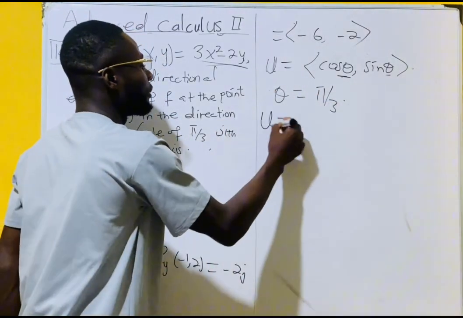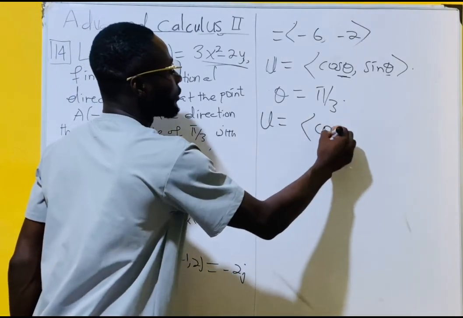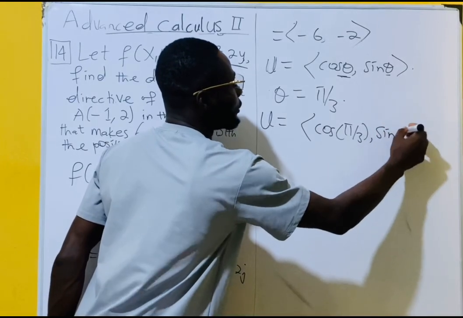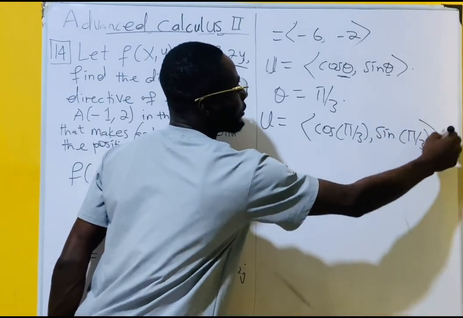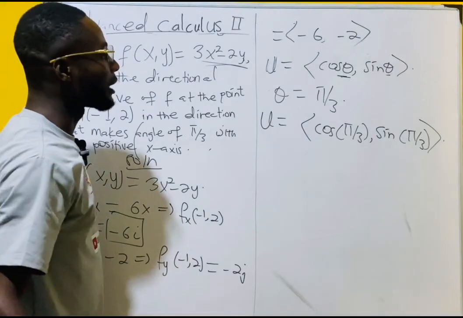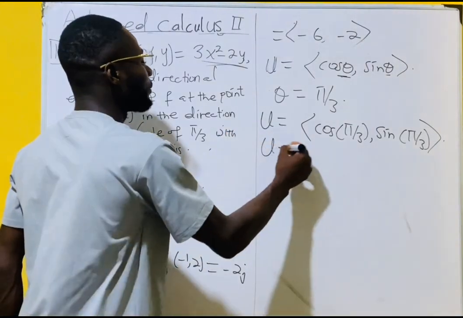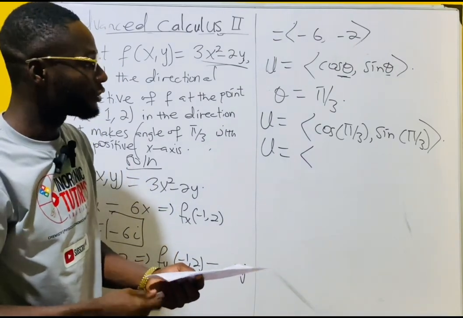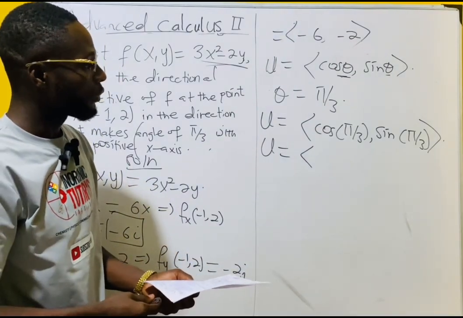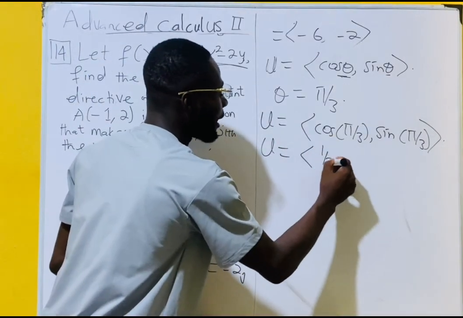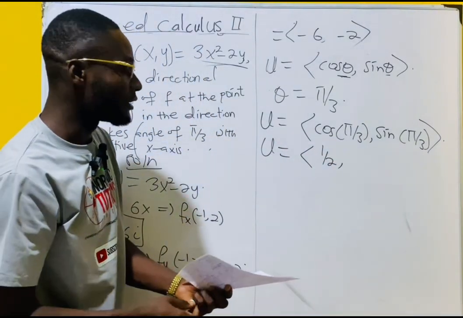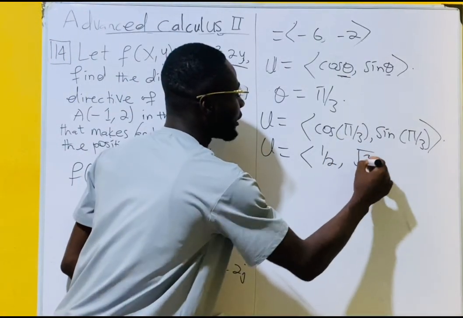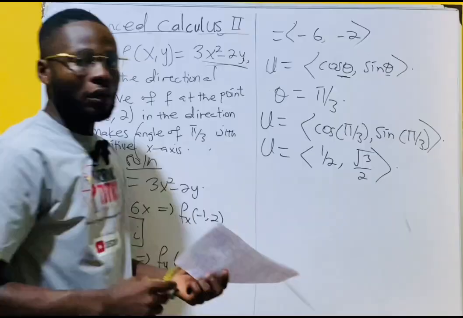So we have our unit vector to be equal to cos of pi on 3, comma, sine of pi on 3, right? So we can say that our unit vector will be equal to cos pi on 3 is half. So we have half here. Then sine pi on 3 is square root of 3 over 2. So we're going to have square root of 3 over 2. All right.